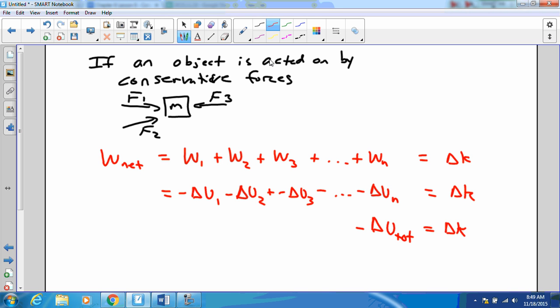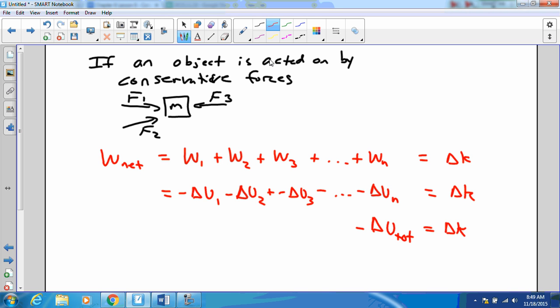Now, this was just simple substitution, right? But it actually is a profound, profound idea. Look at what it's saying. If an object is acted on by only conservative forces, then all of the potential energy that we lose becomes a gain in kinetic energy.